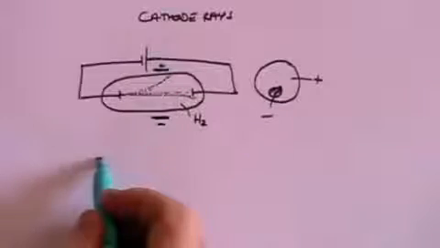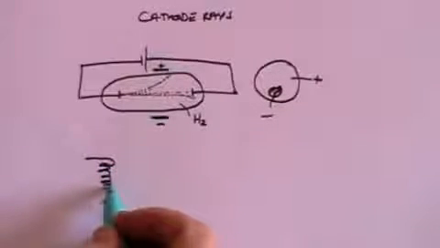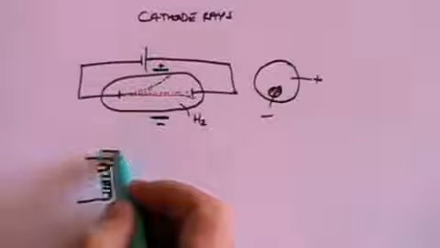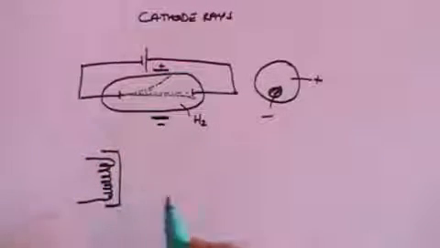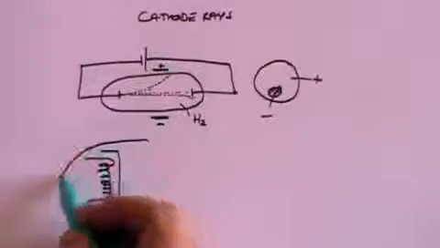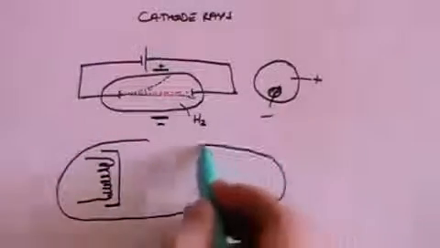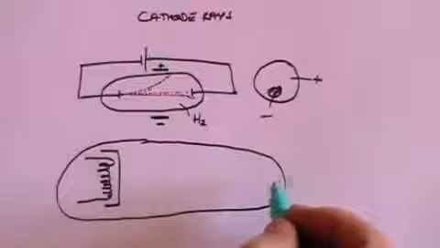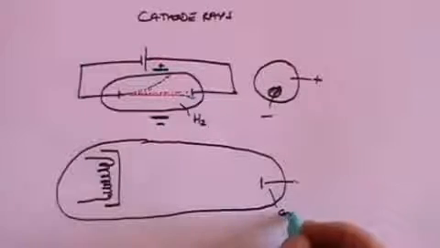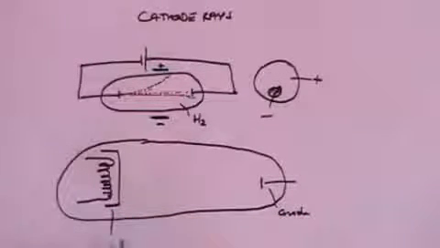And what you do is you take a heater in the form of a coil that's going to heat the cathode, and here is the cathode. This all has to be inside the glass jar, which has to be obviously evacuated. That is going to be the anode, and this, as I said, is the cathode.